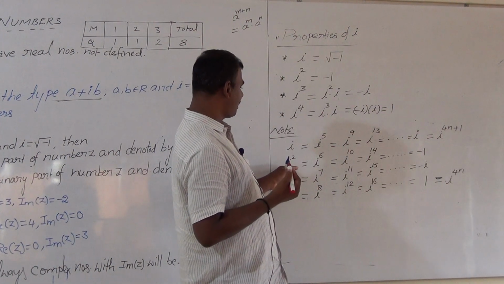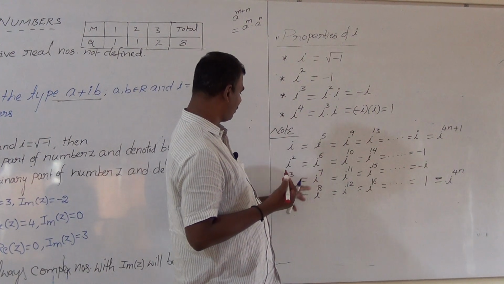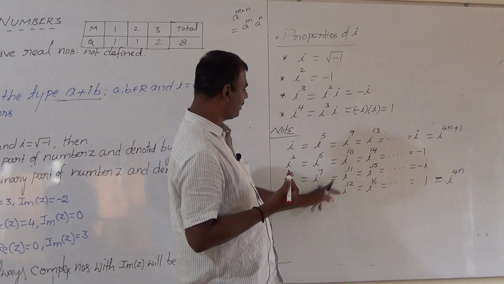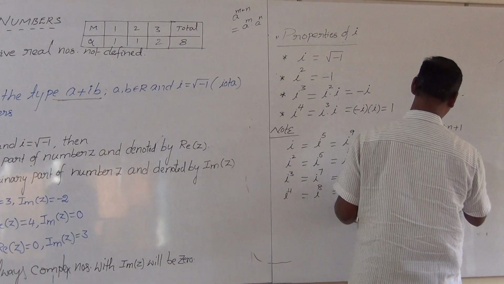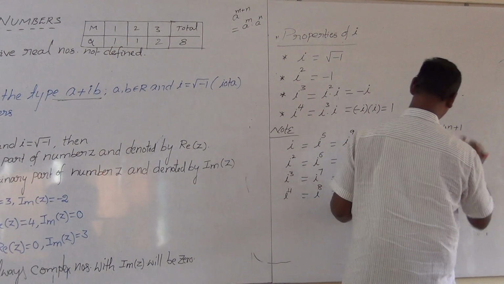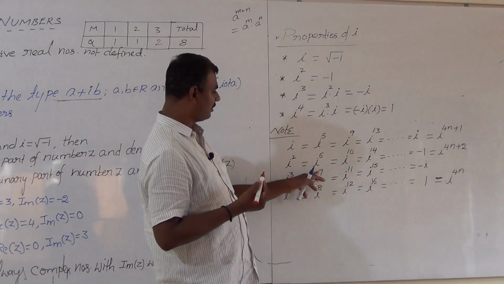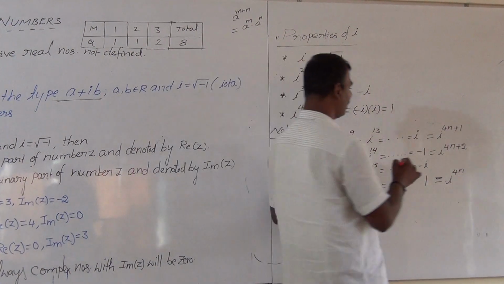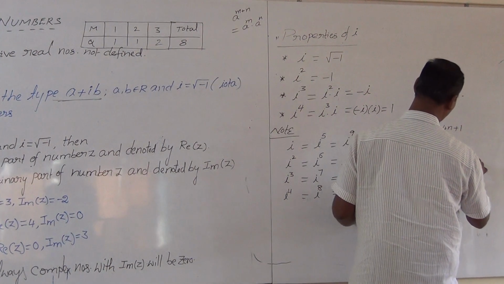Similarly, observe that here i to the 4, here 6. So what is the difference? 2. i to the 8, difference 2. So this is nothing but iota raised to 4n plus 2. And similarly, the difference is 3 there, so this can be written as iota raised to 4n plus 3.